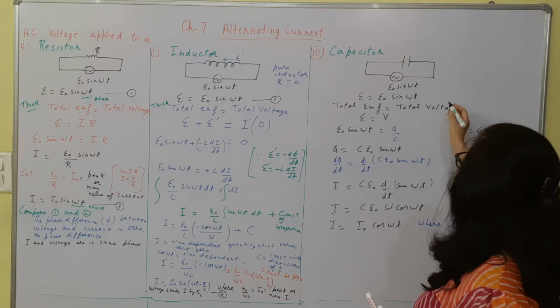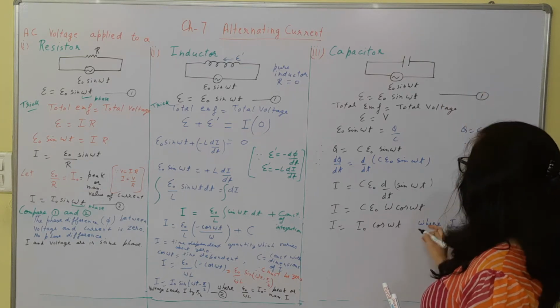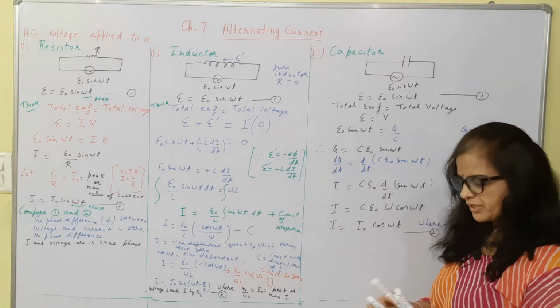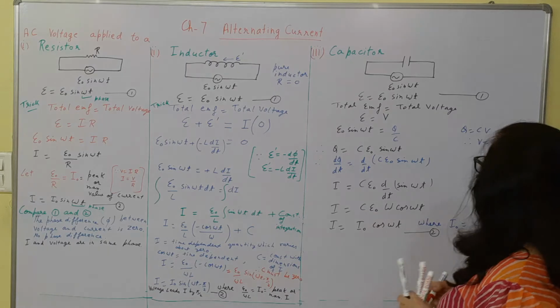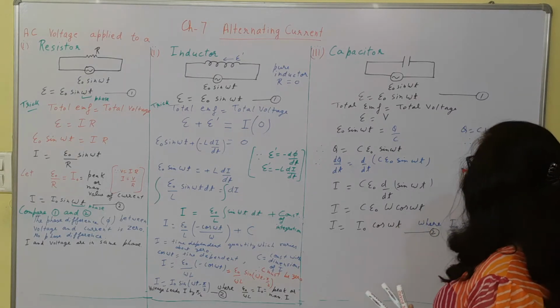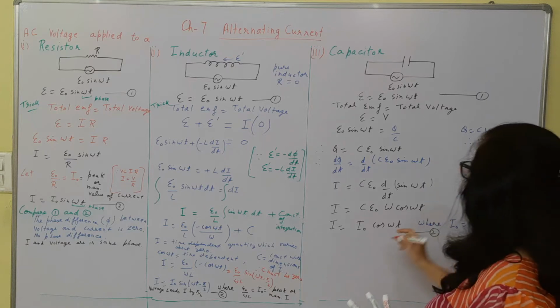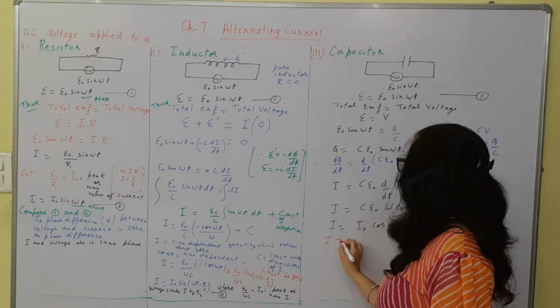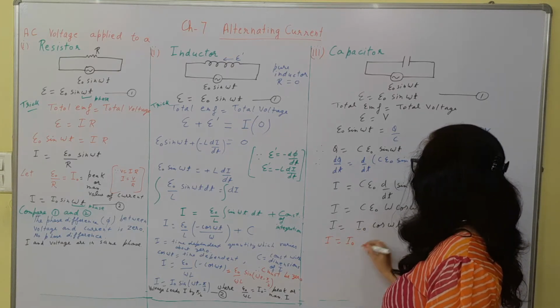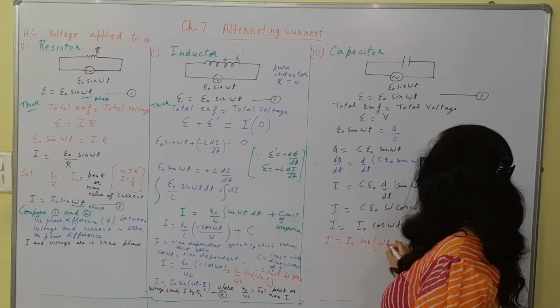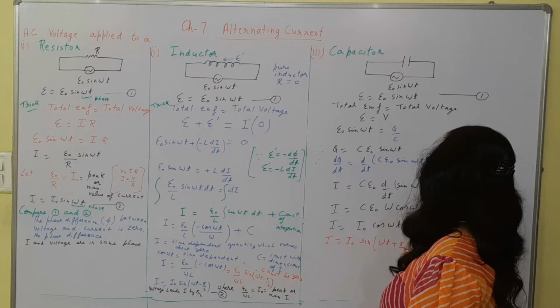Now we have to compare this equation and this equation. Now these are not in the same trigonometric form. This needs to be in the same trigonometric form for comparison. So therefore this can be written as I naught sine omega t plus pi by 2.